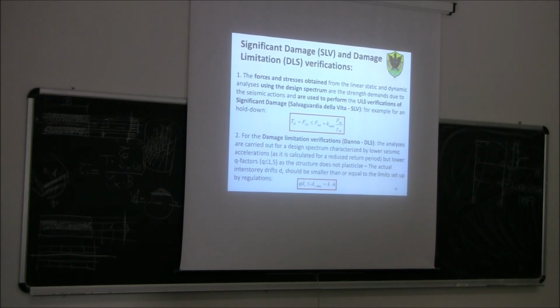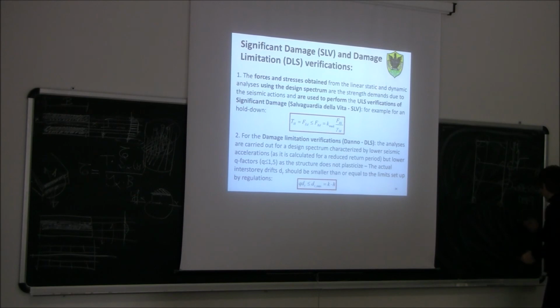So, this relative displacement of one floor with respect to the other. So, these interstory drifts are called, for example, dr. And we will have to check that dr shall be less than or equal to dr max. So there will be less than a maximum, a certain limit provided by the regulation.